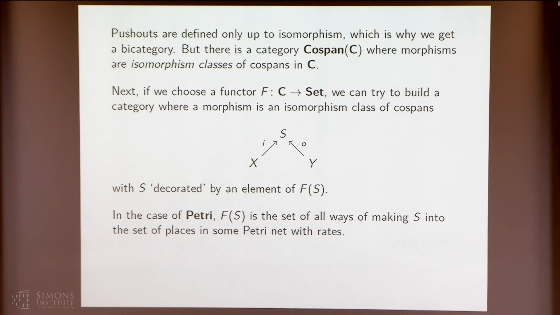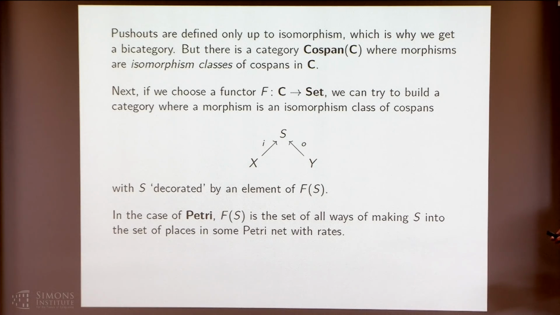So then, to get decorated cospans, we'll pick a functor F from C to Set, and the idea is we will try to build a category where a morphism is an isomorphism class of cospans, where the apex, the object on top, is decorated by an element of this set F of S. So in our example of Petri nets, X and Y and S are finite sets.